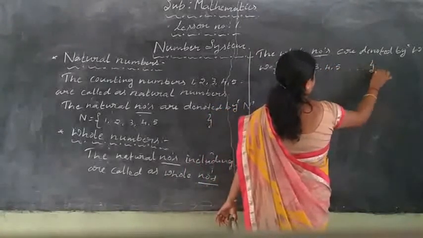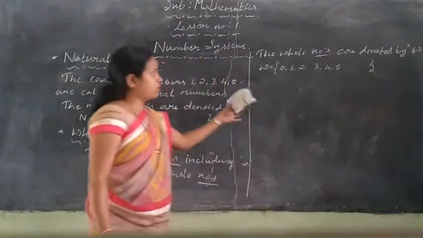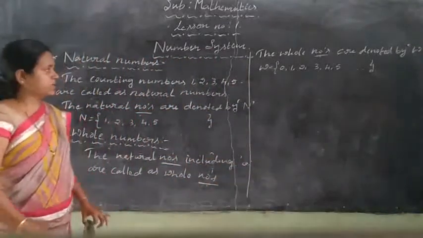It goes on like this. So these are called as whole numbers.